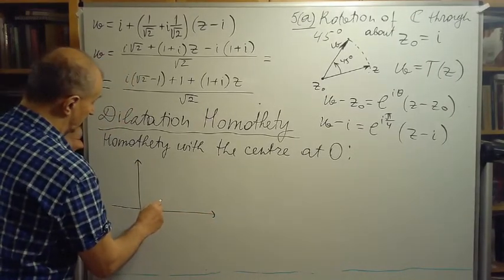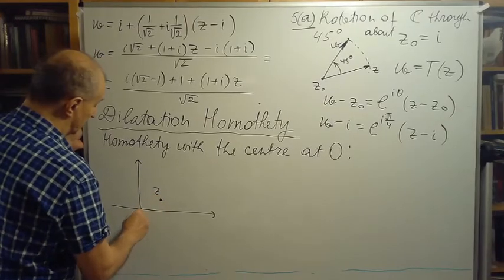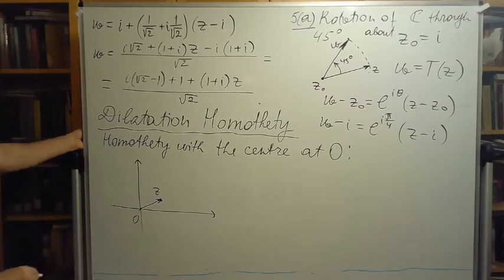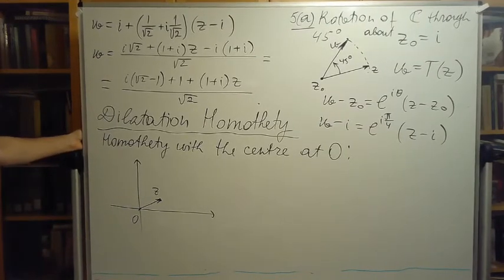You have a certain point Z, you can see such a vector, and you multiply each point of the plane by a certain positive real number.